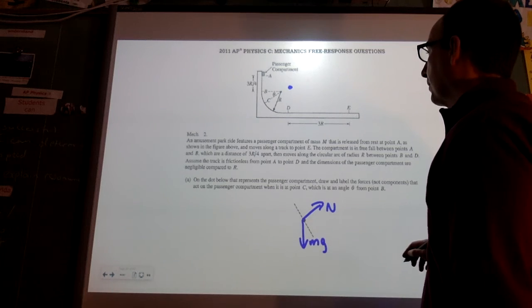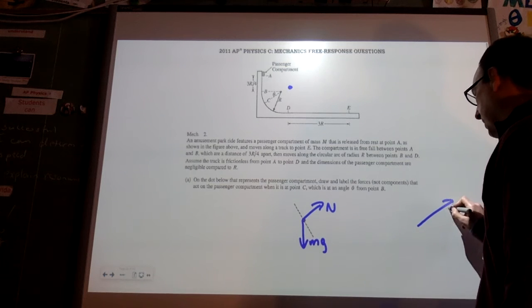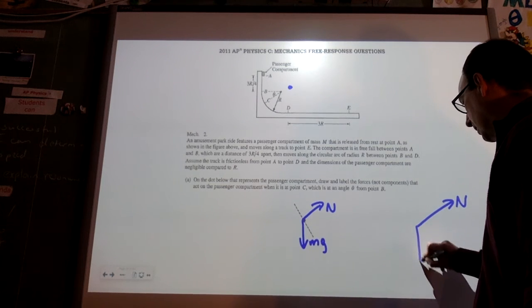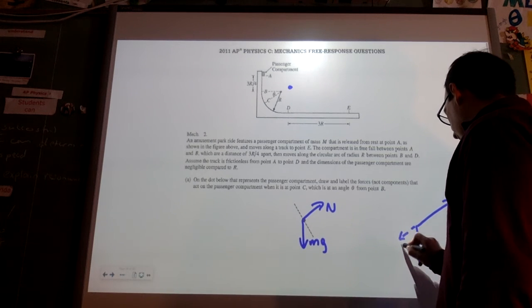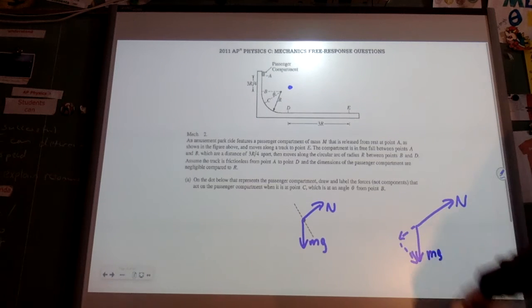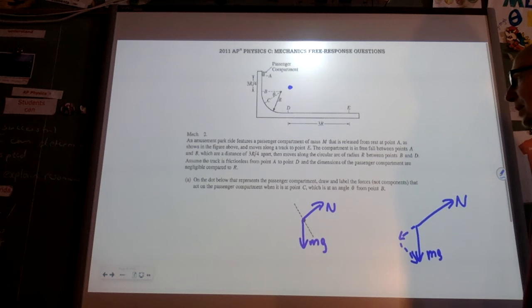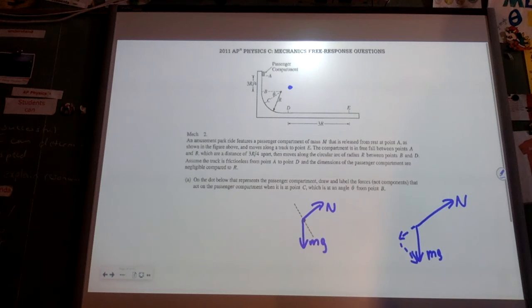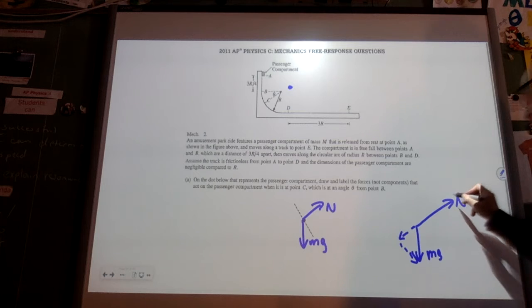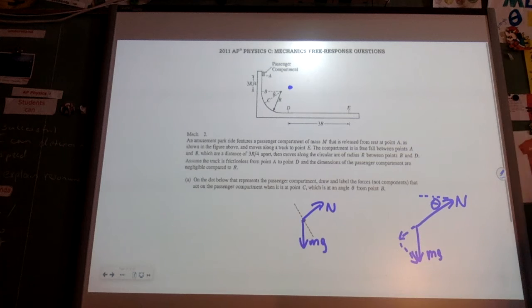Let me draw this over here so I don't touch my free body diagram. There's two components of weight. There's one that is opposite the normal, and there's one that is directed tangentially in that direction. Those two together would make up the total weight. And I know that this angle is theta.